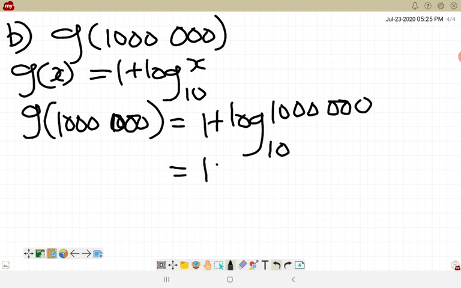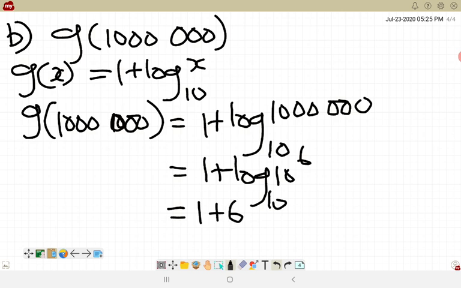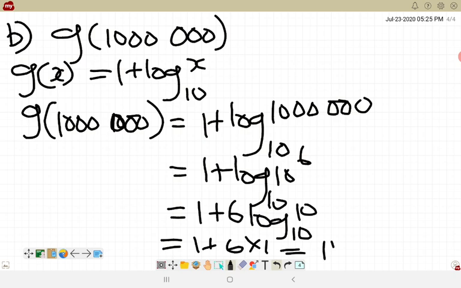This is the same thing as 1 plus logarithm of 10 raised to power 6 base 10. Carry out the laws of logarithm as we did in A. You have 1 plus 6 log 10 base 10. This is 1 plus 6 times 1, which is 1 plus 6, which is 7. So therefore g of 1,000,000 equals 7.